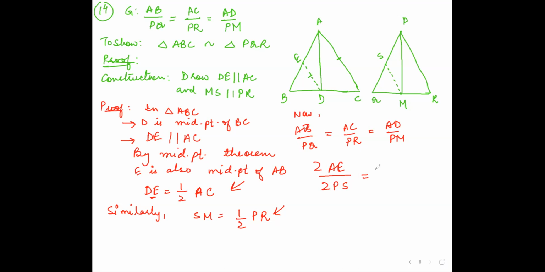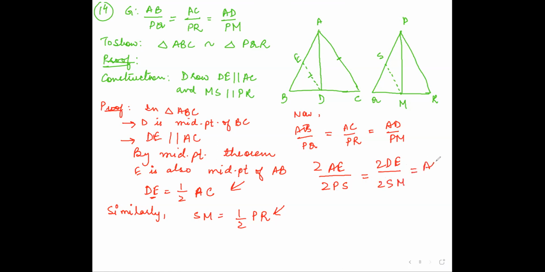So basically, I'm making use of these results. This is equal to, now AC, how can I write? AC, can I write as twice of DE? Yes. And similarly, PR, I can write as twice of SM.